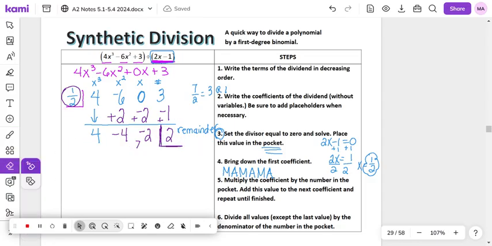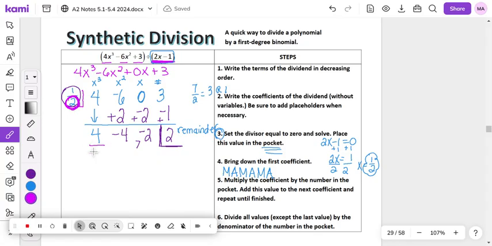And I separate that out because when we have a fraction in our pocket, we have to take the denominator and divide it into each of these values. Okay? Now, even though we didn't write it, we were actually dividing out an x along with this value here.